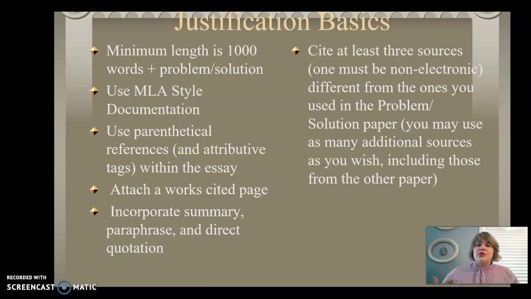But you do need 3 sources in addition to the ones that you used for the problem solution. So during our Teams meeting, if you have questions and need that clarified, just let me know, and I'm happy to spend some time doing that.